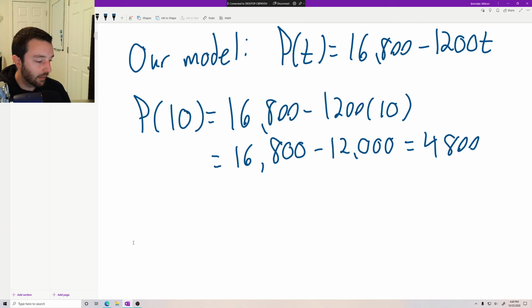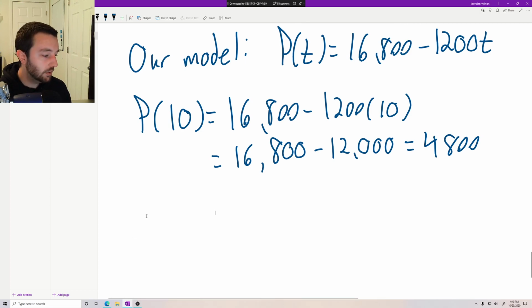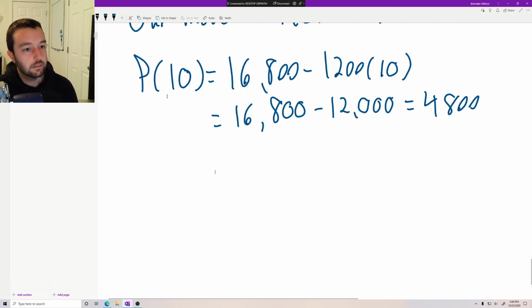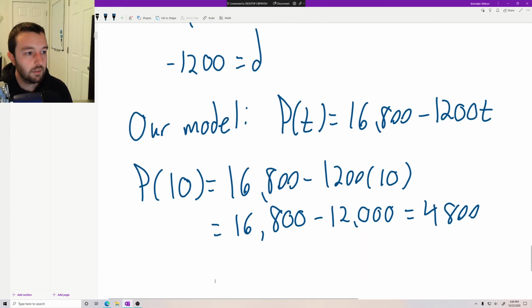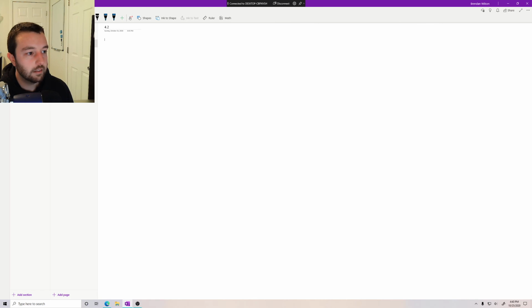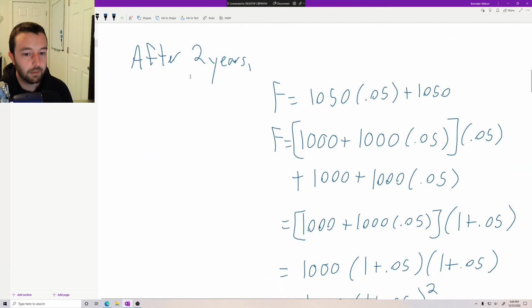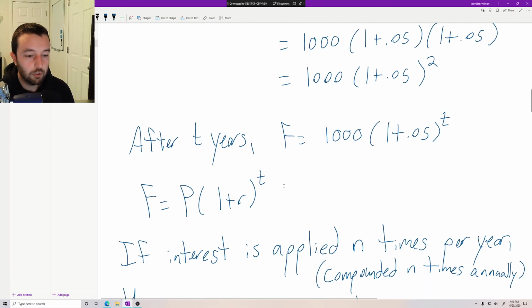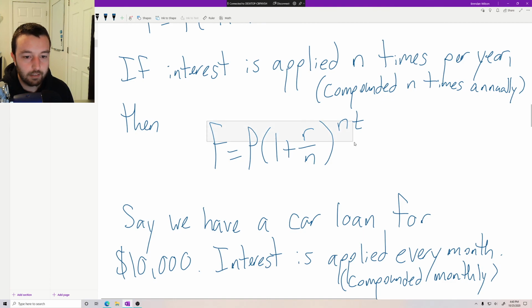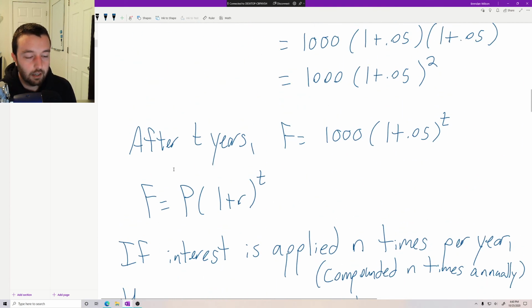I guess I won't get too much into exponential growth today. Again, the equation for exponential growth is going to look the same as the equation for compound interest, which, if you remember, looks something like this. Later we added on an n, but we can think of something like this.